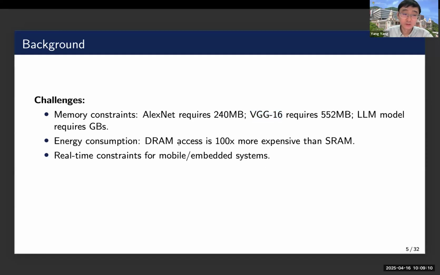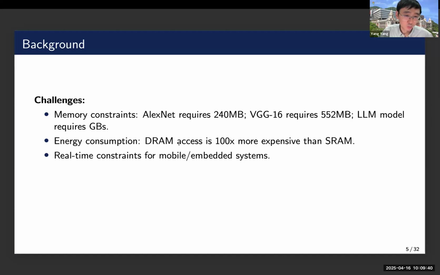There are also constraints on power consumption because some people want privacy. They want the model to run on their local computer and local mobile, which requires a smaller model, because accessing data from the disk or from another device is much more power hungry than directly processing it on the computer chipset.